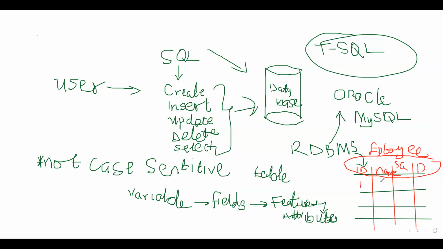My ID is 1. My name is Kingsley. My salary is 10K, and my position is data analyst. I will go here. Number 2 is Bona. His salary is 10K. His position is software tester.